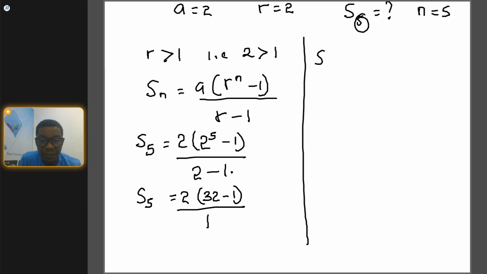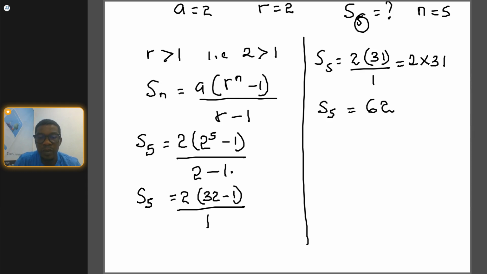We have x5 equals 2 in brackets, subtract 1 from 32. The answer will be 31 over 1, which is the same thing as 2 multiplied by 31. X5 equals 62.